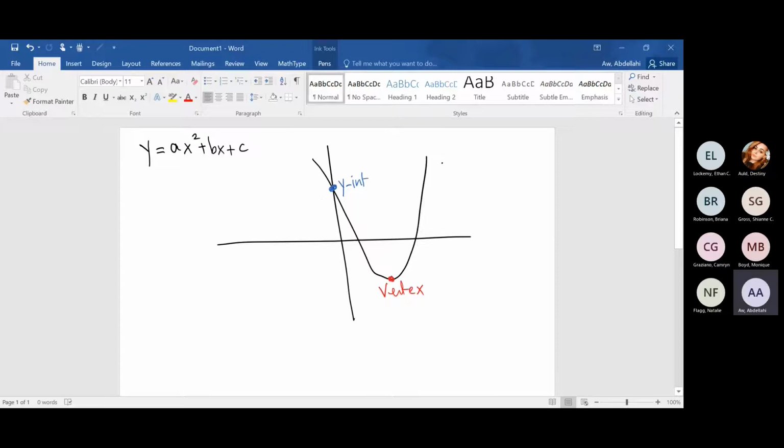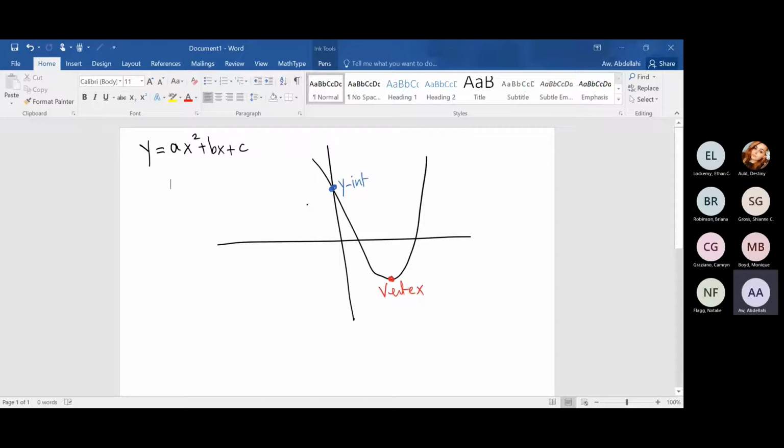By definition, how much should x be equal to? Can somebody answer, please? Is it 0? The x has to be 0. So for the blue point, the x is 0. That is always true for the y-intercept. The x always has to be 0.